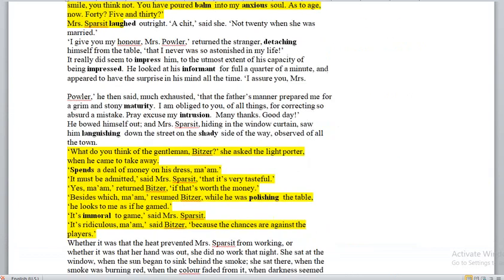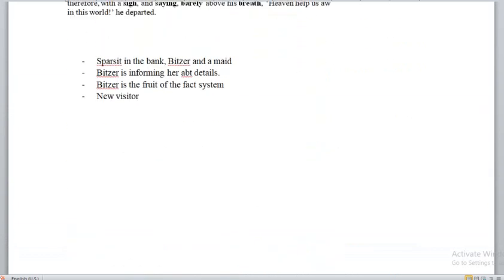So I have some notes here at the end of the chapter. I summarized. The chapter hinges on these main ideas actually, and we will try to highlight them in particular. Sparsit in the bank.